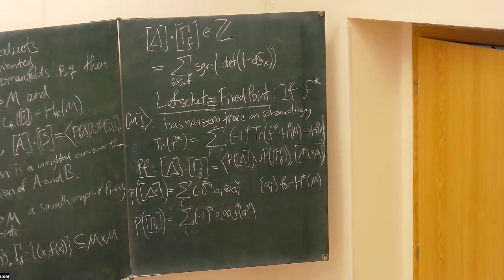I'm trying to remember back. The Lefschetz fixed point theorem, if I remember, is used if you go to algebraic geometry over finite fields. This appears in Weil's proof of the Weil conjectures. Exactly.